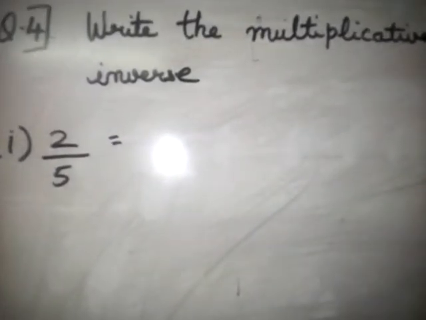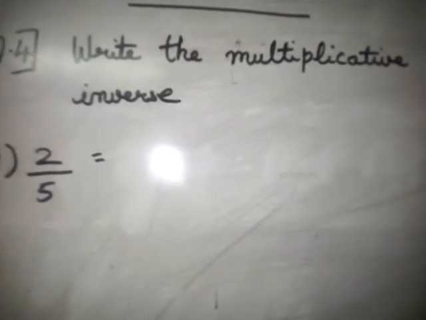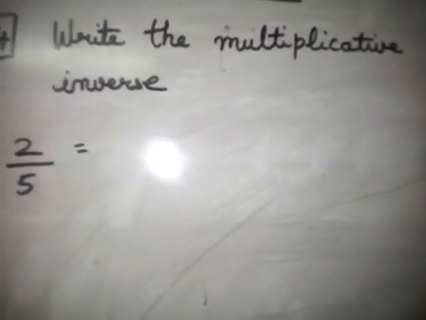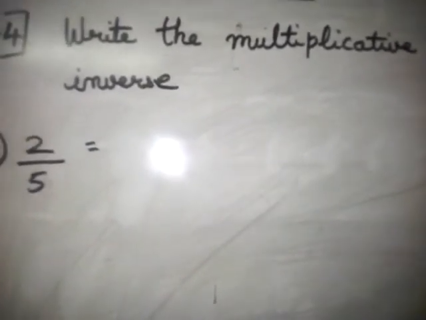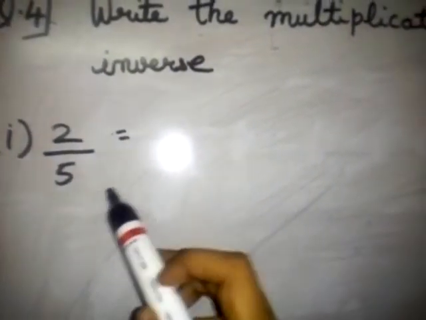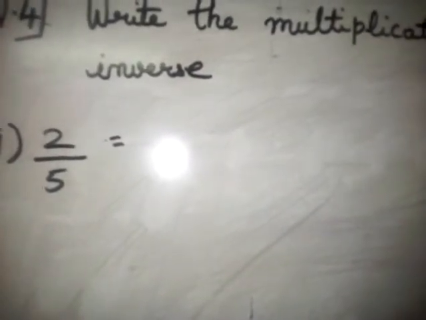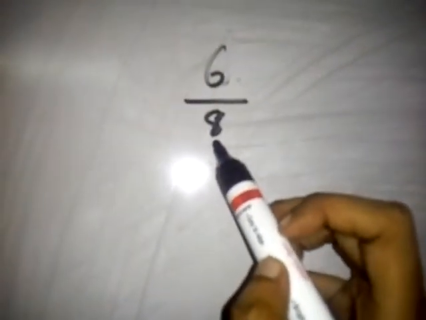So next question we are going to study, write the multiplicative inverse. Multiplicative inverse means, in other words, reciprocal, which you studied in class 6. 2 upon 5 becomes 5 upon 2. Okay. I will give you an example. Look at this example, 6 upon 8.